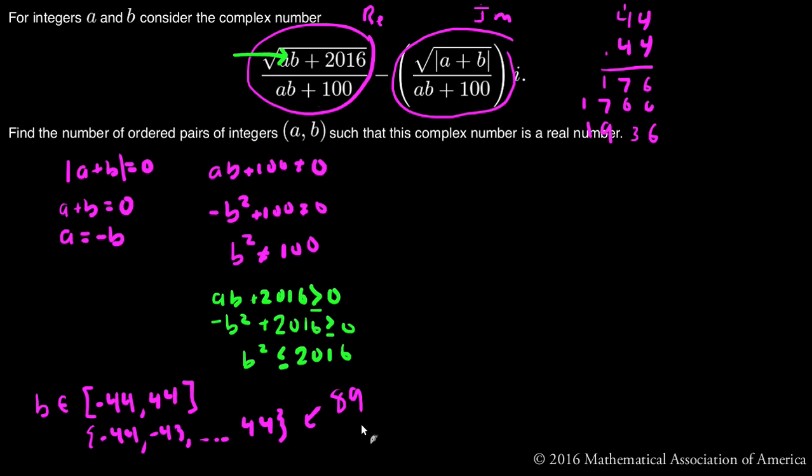You could do 44 minus negative 44 plus 1, because you're counting the negative 44. Just case in point, if I'm going from 0 to 10, there are 11 numbers. If I'm going from negative 44 to 44, there are 89 numbers. I have this restriction here that says b squared cannot equal 100, which means that b cannot be plus or minus 10. So 89, we take away the 2 for this, gives me 87 numbers here.